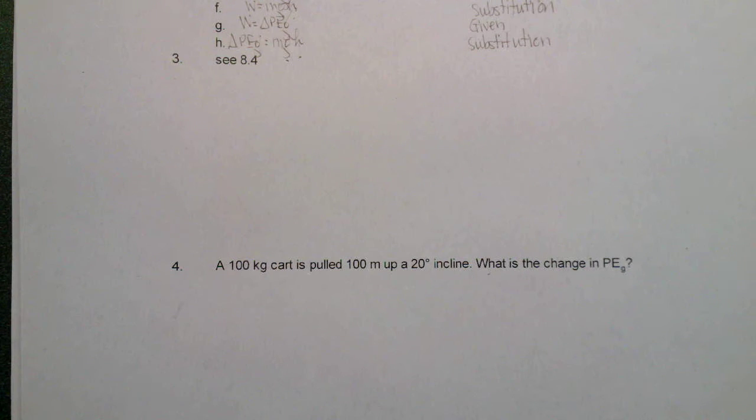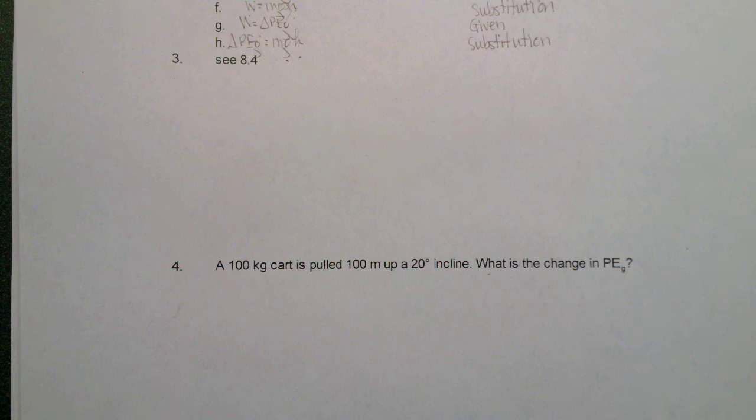Then we talked about potential energy due to gravity, and it's the energy an object possesses because of its vertical separation from the Earth. The more I make a separation, the more potential energy an object has. Again, I'm not going to change the mass, but I am going to change its vertical position. And then we went through the derivation of both of those, and let me encourage you again, you should know those derivations.